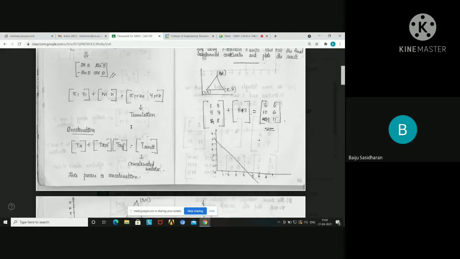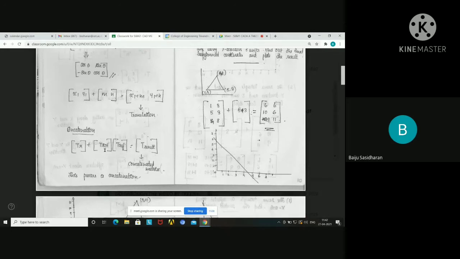Next, a very important topic you have to study is concatenation. Concatenation means that two or three operations are carried out in series. For example, we have some translation, after that a rotation, and after that a reflection.